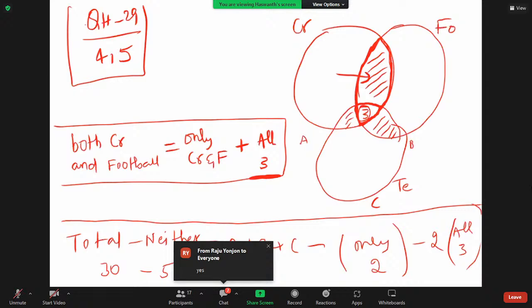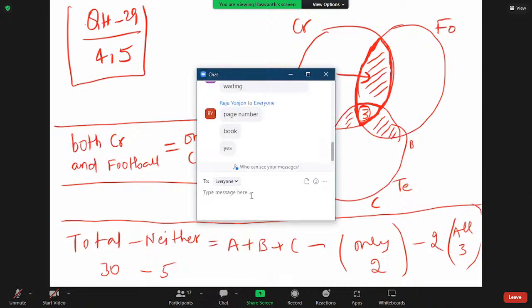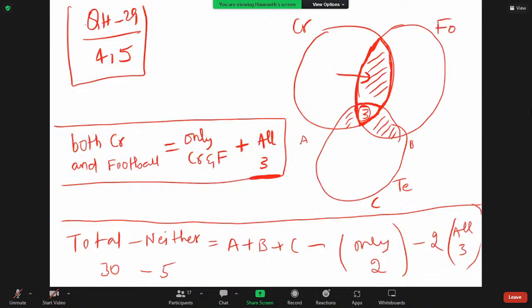So in the new edition, go to pages around 170. Once you look around 170, you will get this class exercise. Okay, page 180.